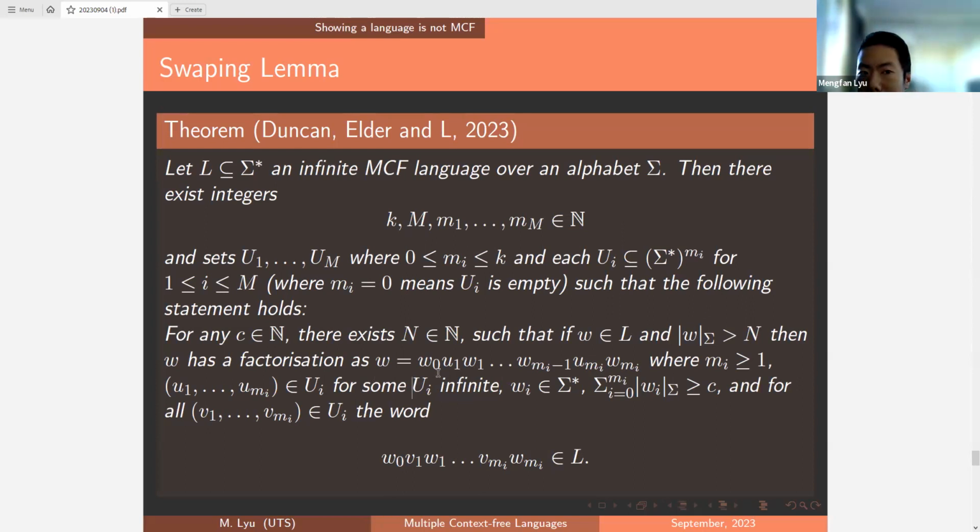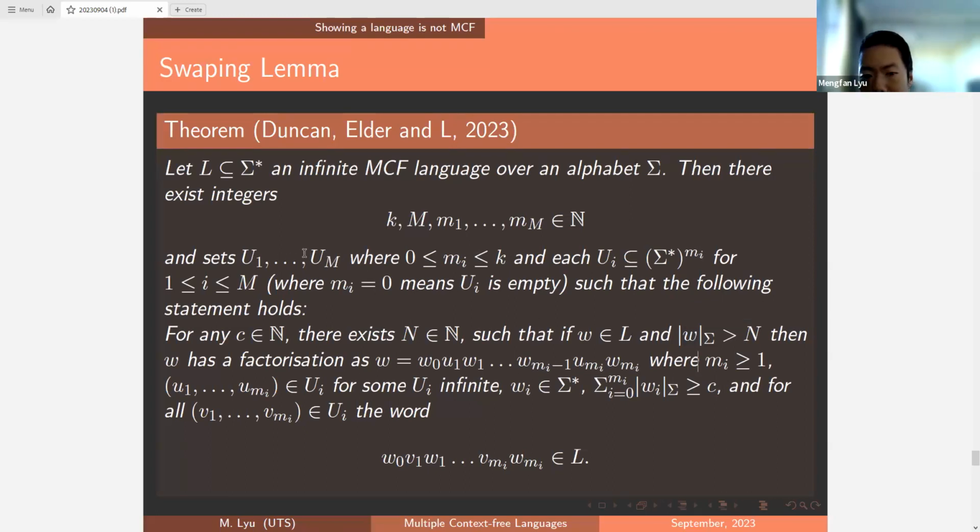But in our theorem, instead of pumping, which has been shown impossible, we just swap these u's with some other things, and this swapping does not depend on the word.